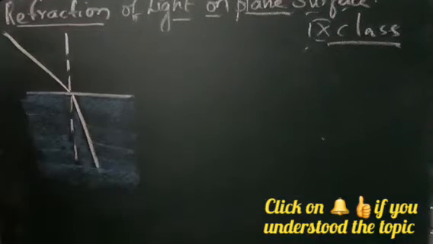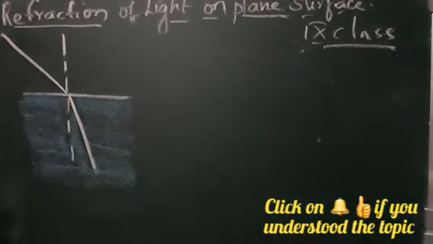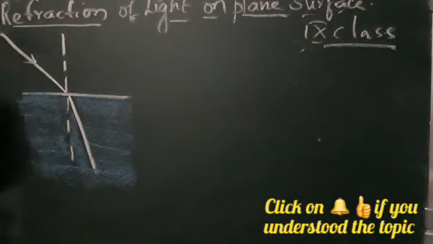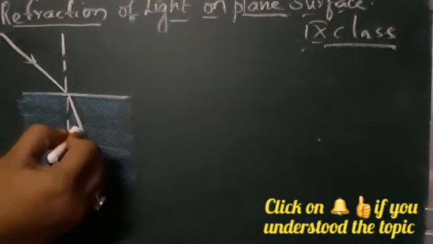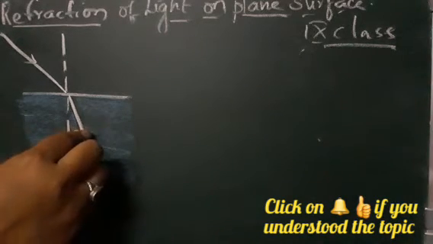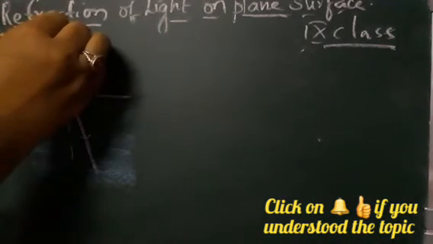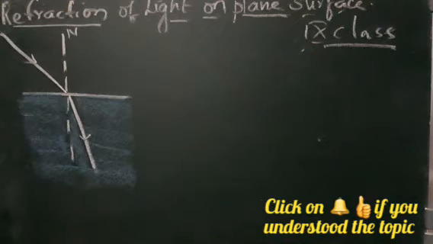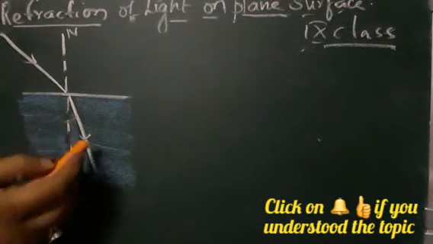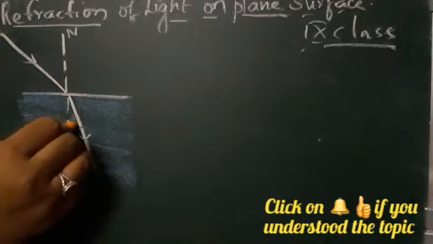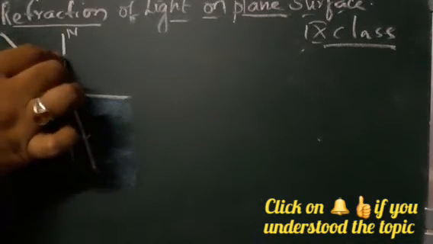Fine. So if you see this diagram, this is your incident ray, the ray which is coming here. This is your refracted ray, and this is your normal. The angle formed here is the refraction angle and here the incidence angle.